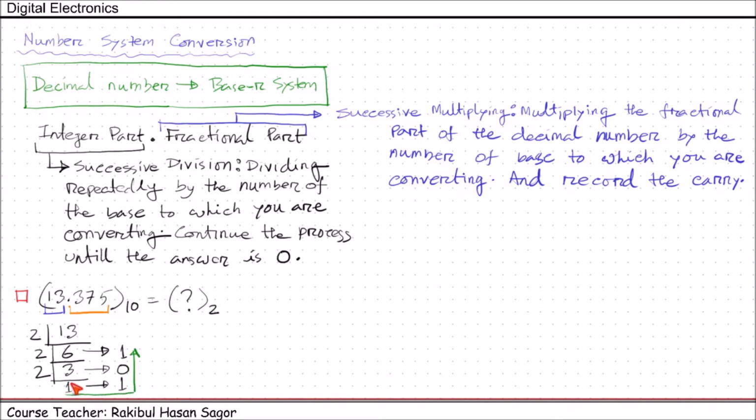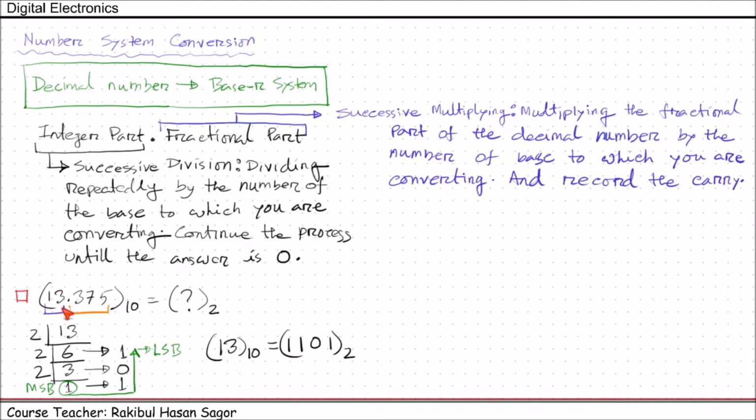What does it mean? This 1 is the MSB, most significant bit, and this one is the LSB, least significant bit. So the binary equivalent of 13 decimal is 1 1 0 1, starting from the MSB. This is the binary equivalent of 13.